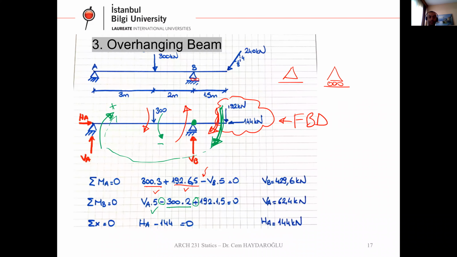Yes, to check if what we did is right or wrong, we have used total M equals 0 and total X equals 0. We have all unknowns at the moment. That's okay, you don't have to do more, but to understand if we are doing right or wrong, we can write total Y equals 0.